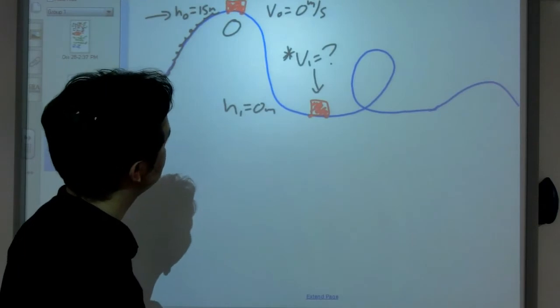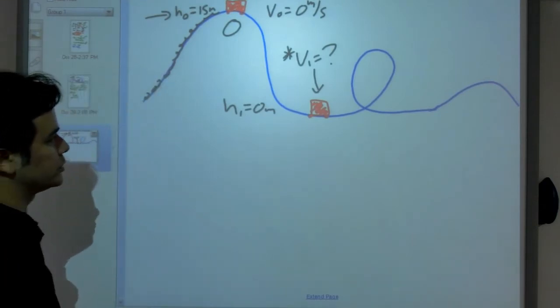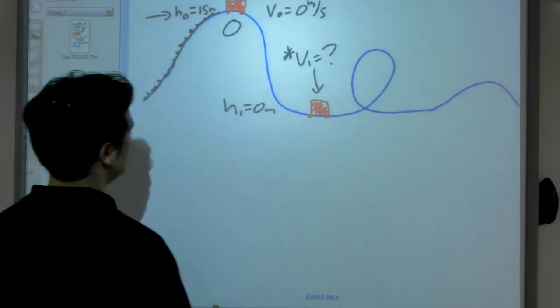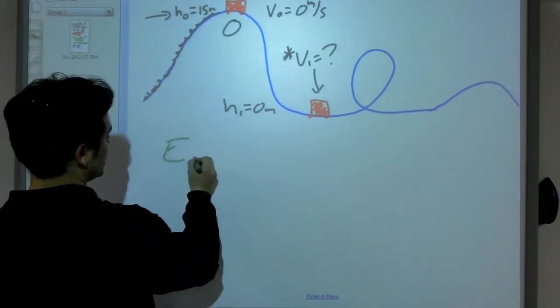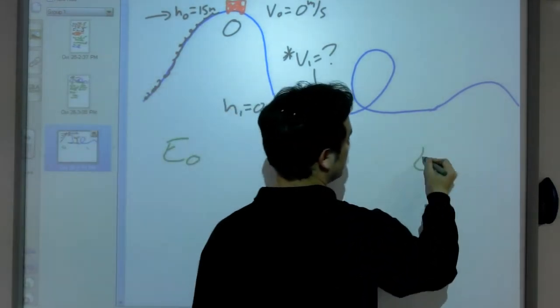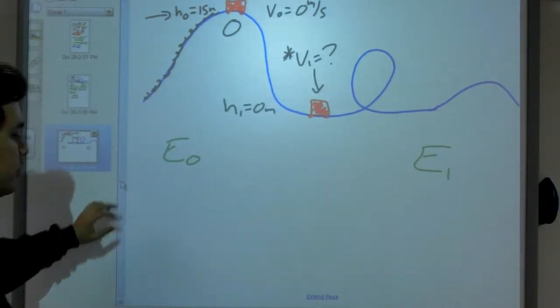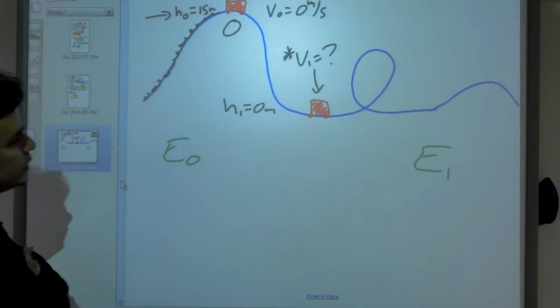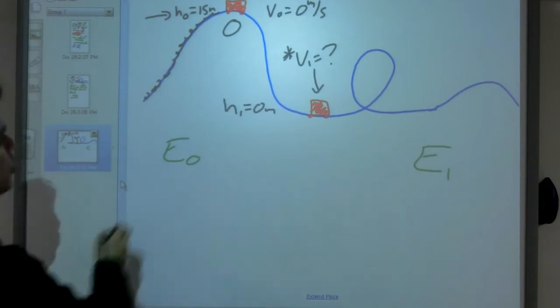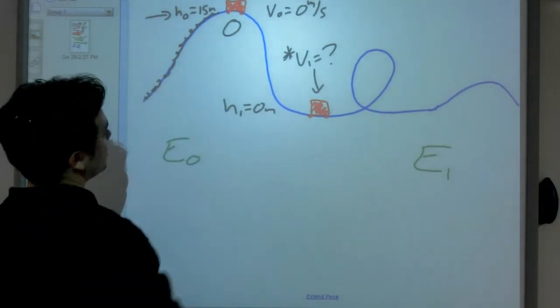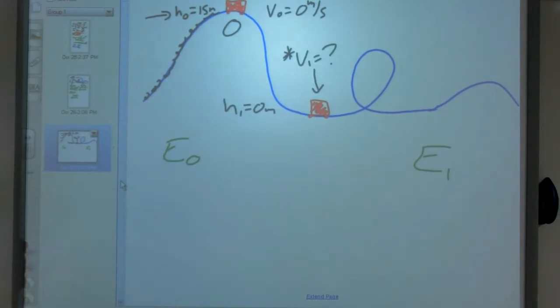Okay? So what I'm going to do is apply energy on this. I'm going to take a look at the energy I start off with, energy naught, versus the energy that I end with, my final energy, E sub 1. Well, what types of energies do I have? We're looking at a point right up here when all the work has been done by that chain, so we don't really need to worry about that.